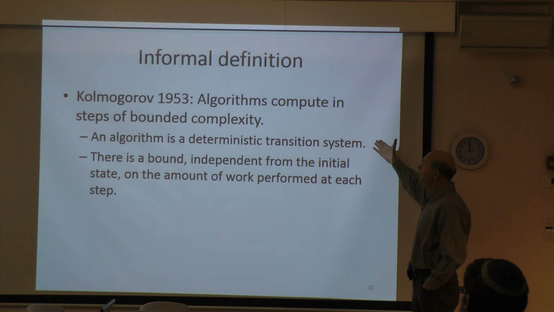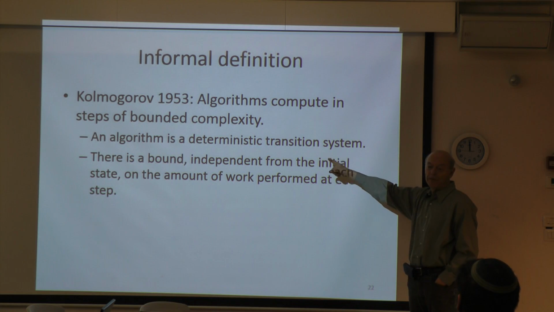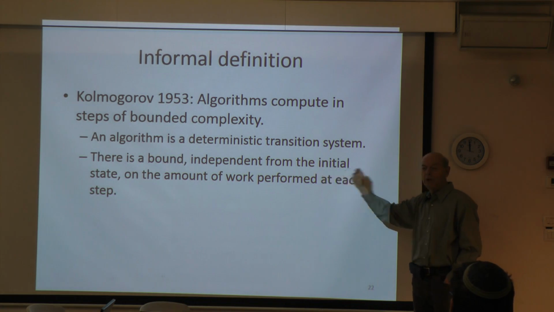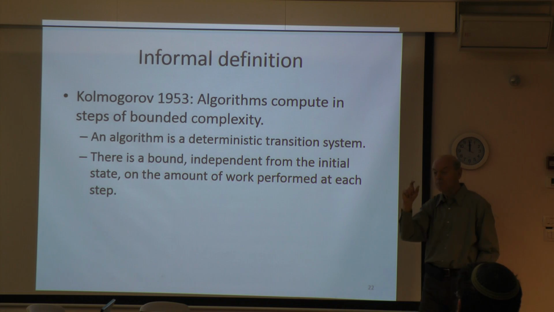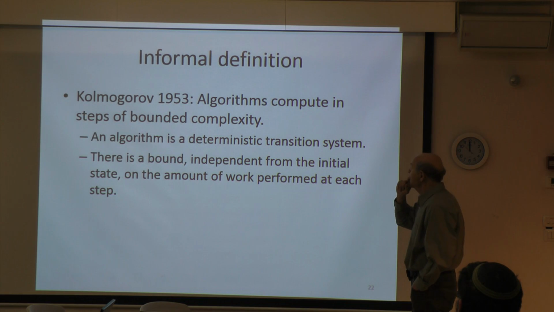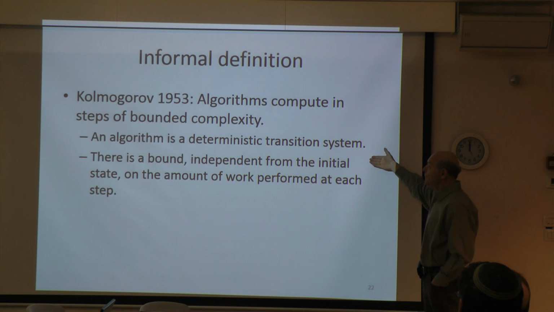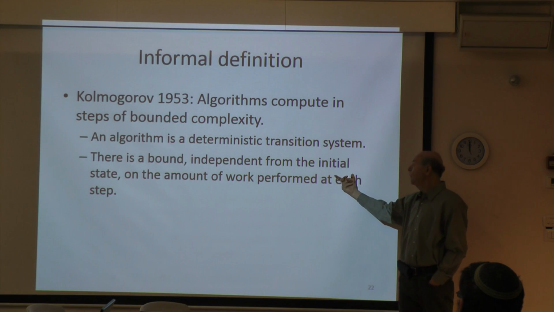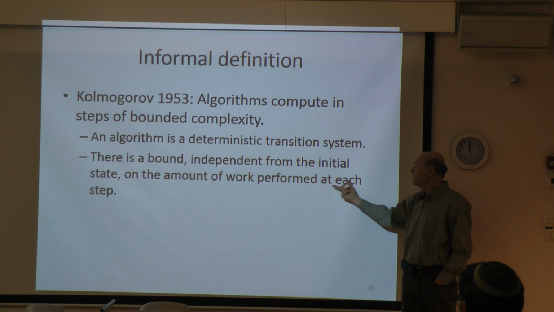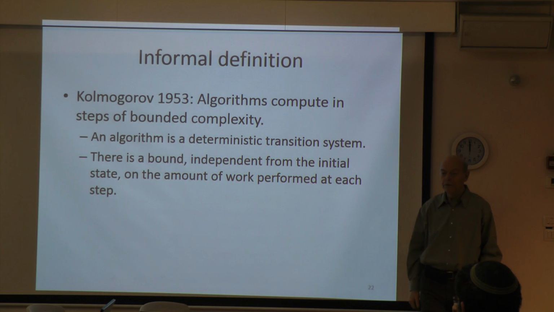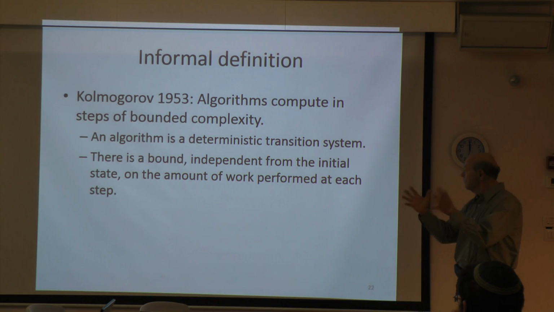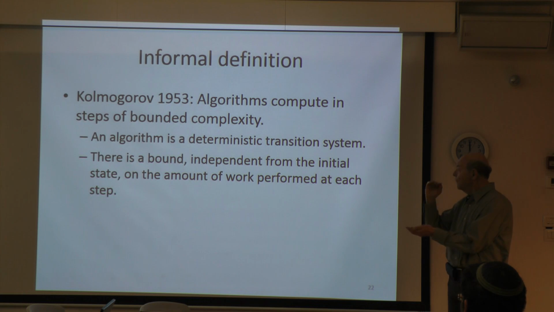Algorithms compute in steps of bounded complexity. Notice that what is bounded is the step. It's a deterministic transition system, and there is a bound, independent of the initial state, for the given program, on the amount of work performed at each step.